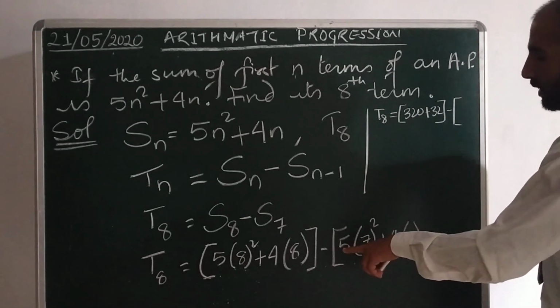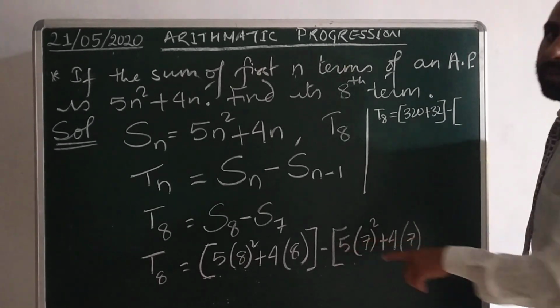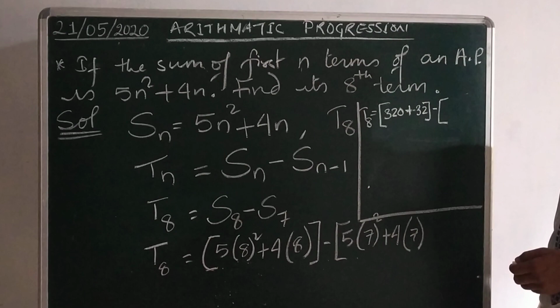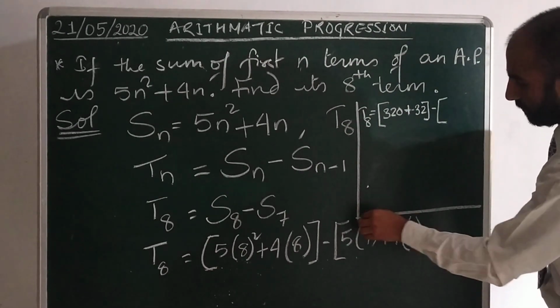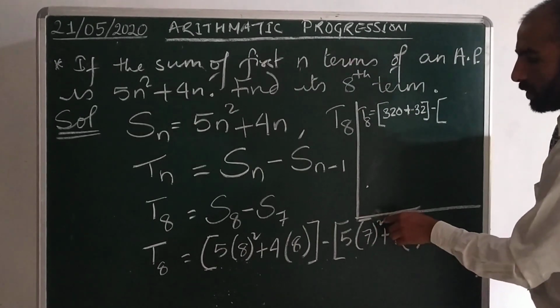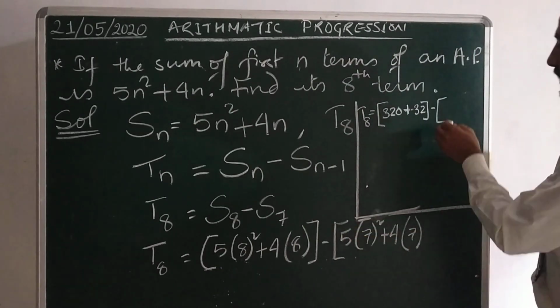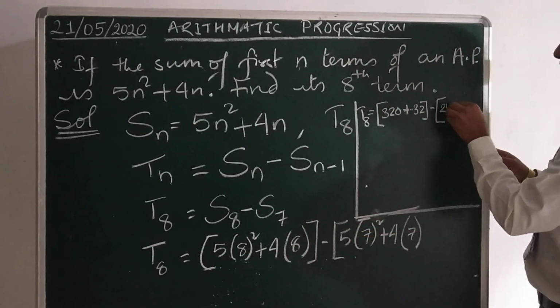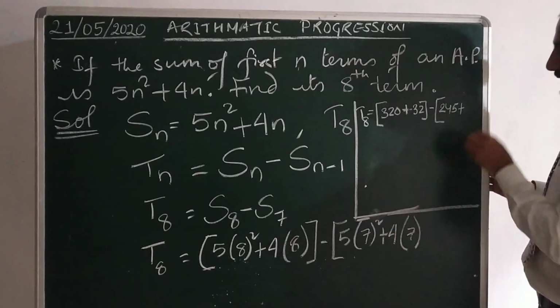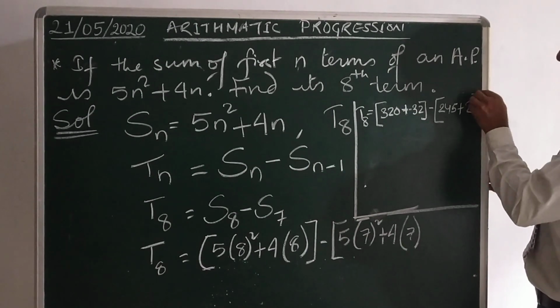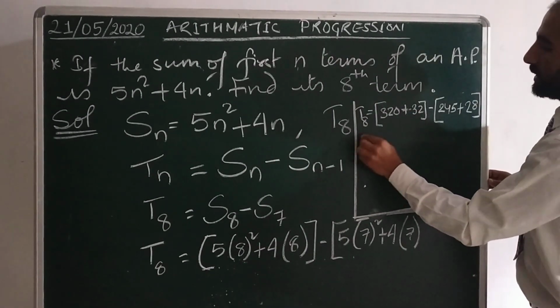So 7 square is 49. 49 into 5 means 245, plus 4 7s are 28. That's it.